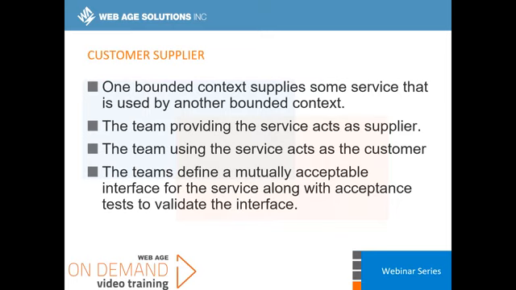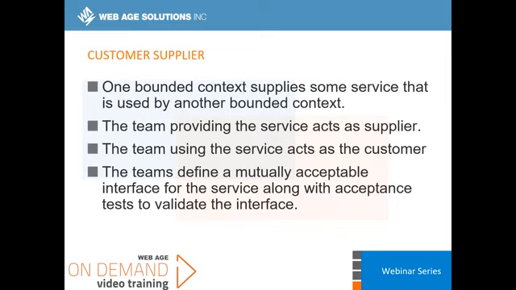And with any sort of luck, they also have acceptance tests that are run in order to validate the interface. And so, if one side makes a change to the interface, then the test should fail, and it will alert us that we need to do some work.